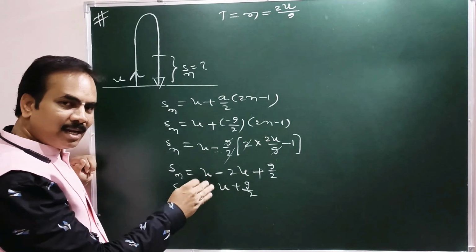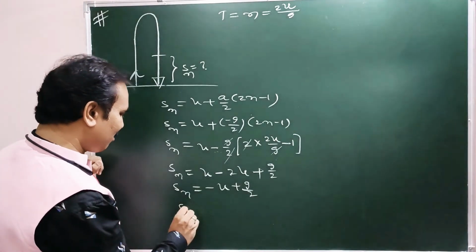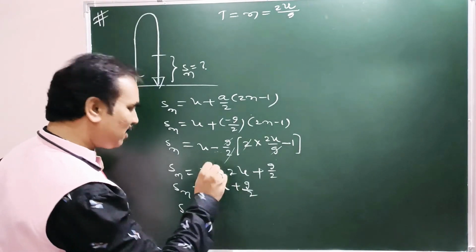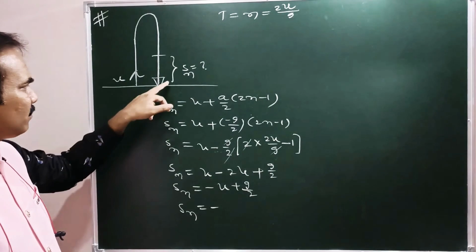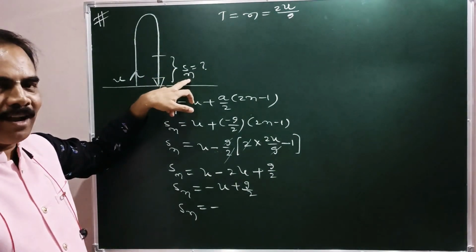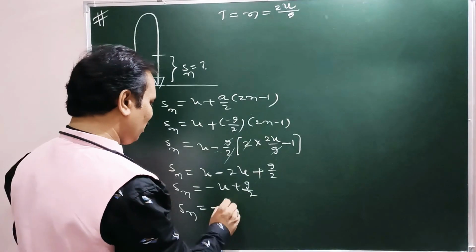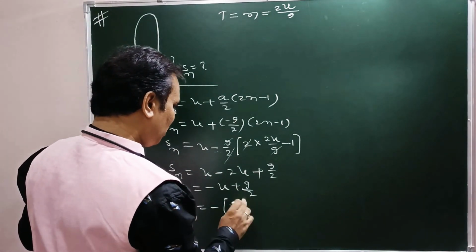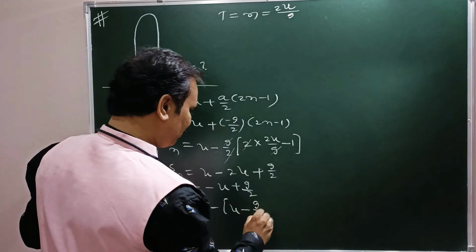So the negative sign is kept common. Sn must be negative because the body is moving downwards in the last second. So minus of u minus g by 2.